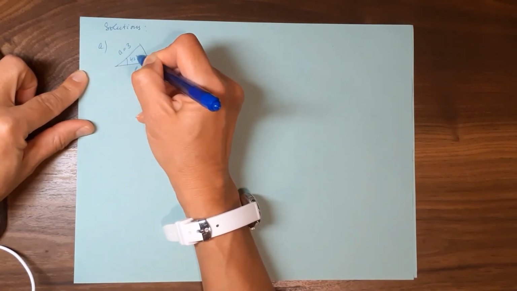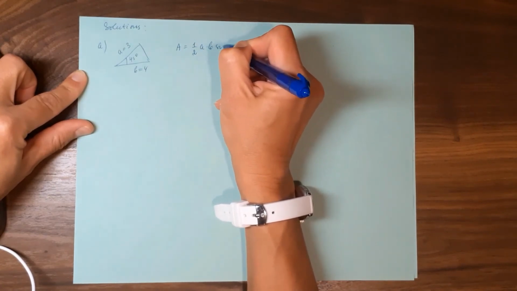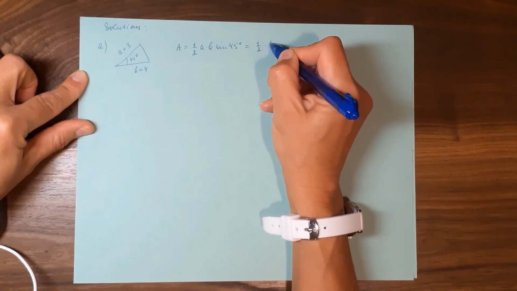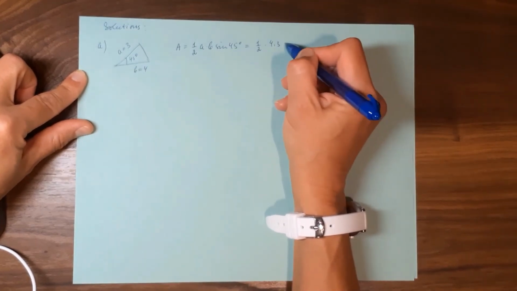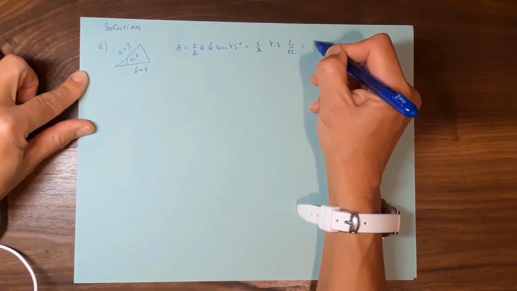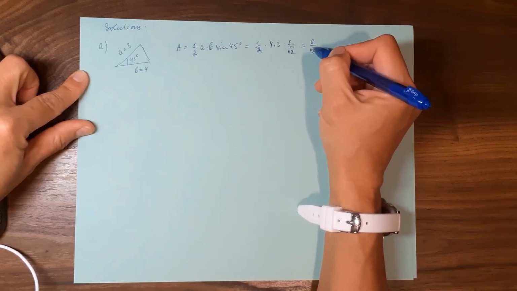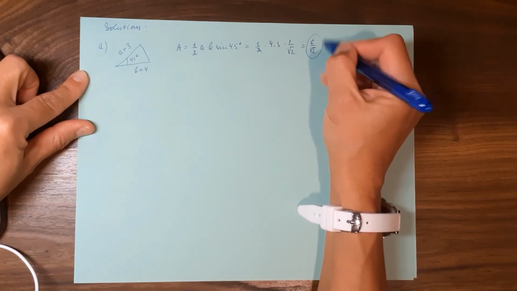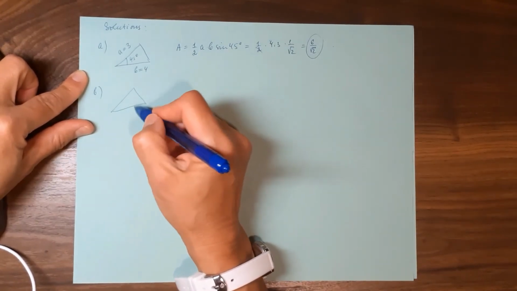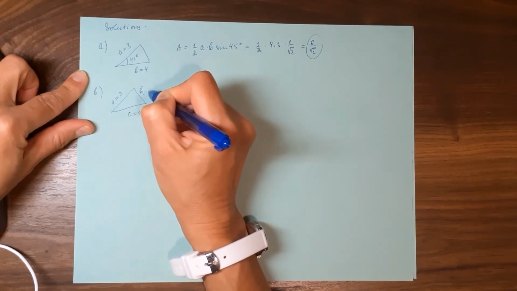The sides are given, the angle between them is given, so we just use all this information, put it in the formula, and calculate our answer. Okay, we got 6 over square root of 2.